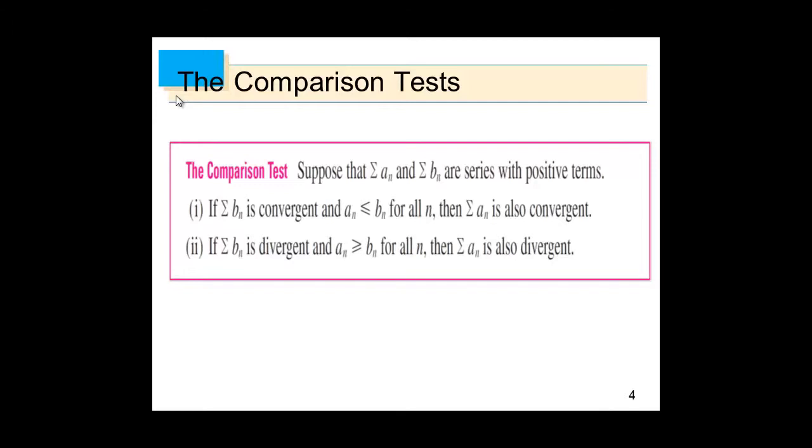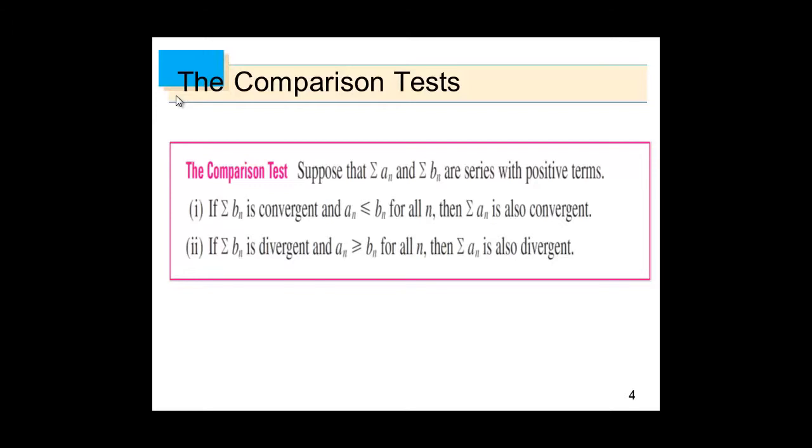Number one says, suppose that sum of Bn is a convergent series. Let's assume that. Then, if you have that An is less than Bn for all n, then the series An is also convergent.